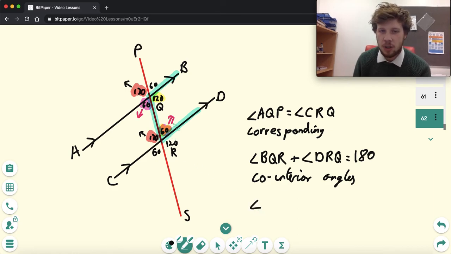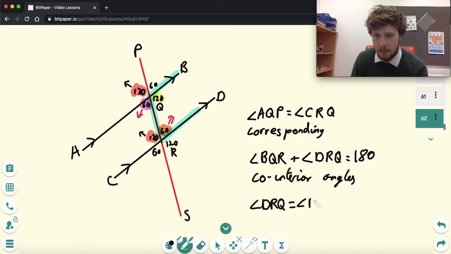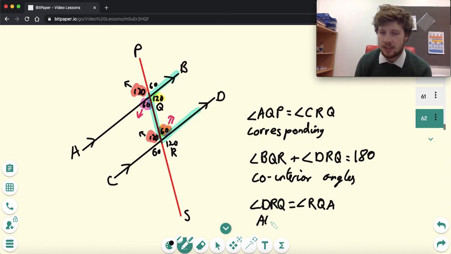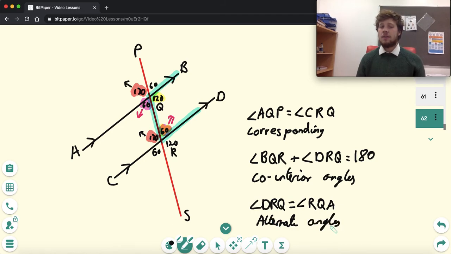This bottom one is angle DRQ, and that's going to be equal to angle RQA. And because they're equal, I want to think of a reason why. Well, the directions they're going are alternate directions, in the opposite way to each other. So we would call these alternate angles.